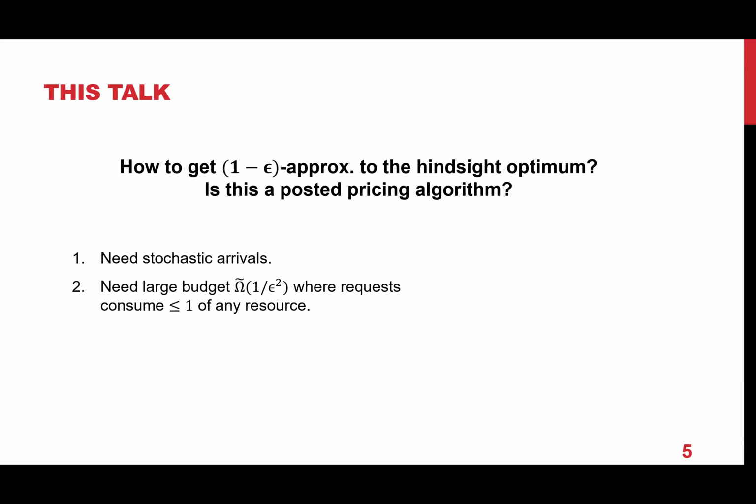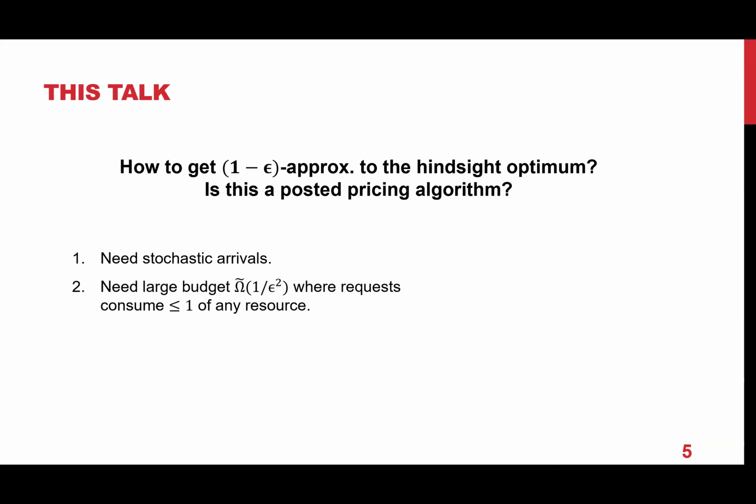Each request is actually a triplet: VI, the consumption function, and the action set. I'll assume that for different i's, they are independent. But for the same i, this VI, AI, and theta can be correlated. They could be arbitrarily correlated, but different i's need to be independent.